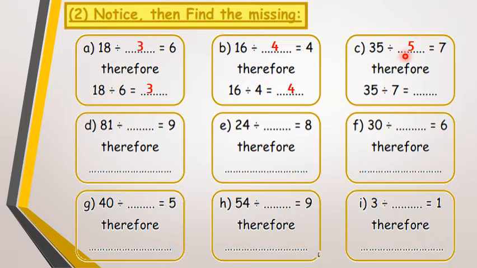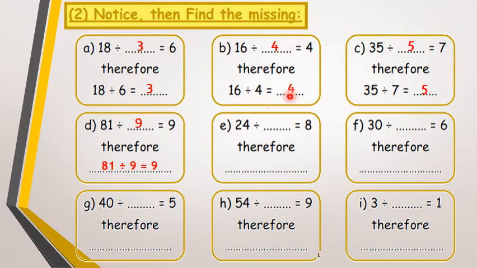And therefore, if I divide 35 by the other factor, 7, it will give me 5. 81 divided by what gives you 9? 81 divided by 9 will give you 9 because 9 multiplied by 9 gives you 81. Therefore, if I divide 81 by this factor, it will give you this factor.